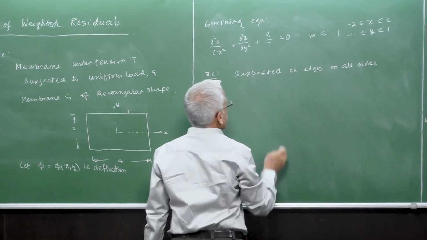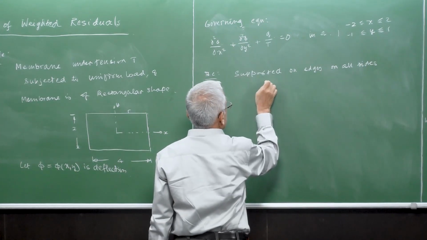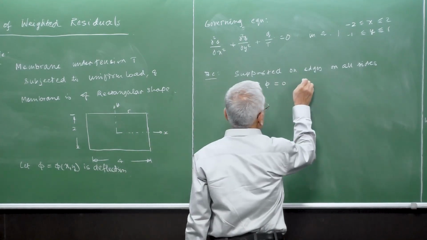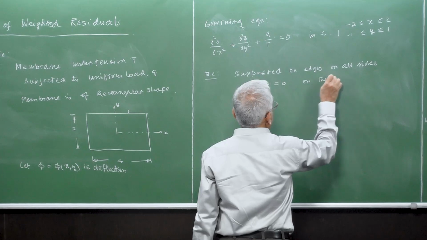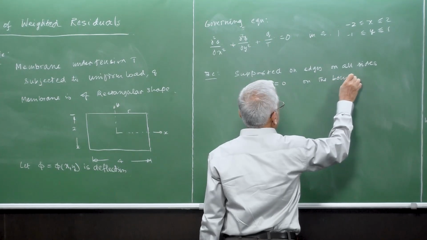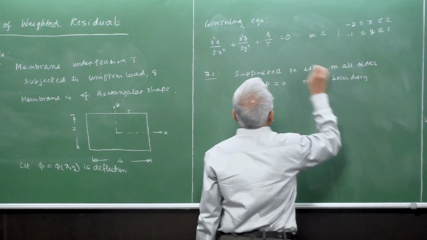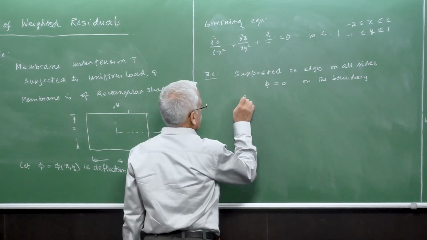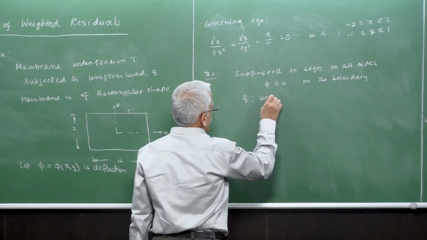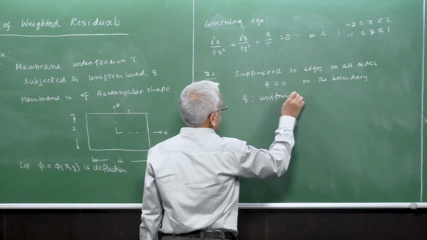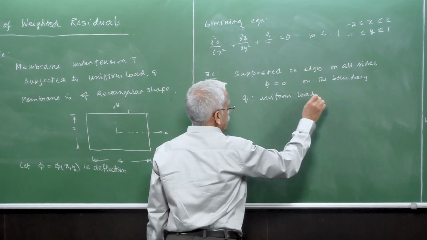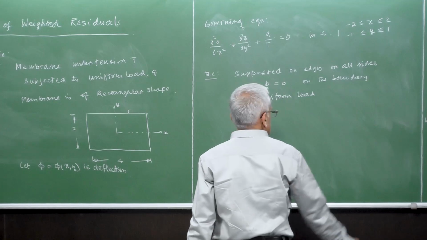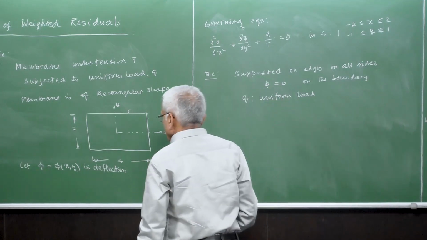So this is the boundary domain. So let's say that phi is equal to 0 on the boundary. And of course here, remember that Q is the applied load, a uniformly distributed load.